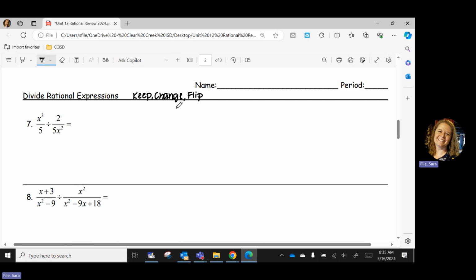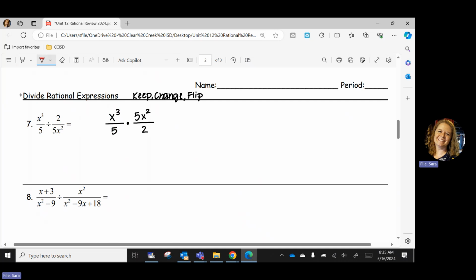Okay, so when I write, I want to factor everything, factor both numerators and both denominators. So nothing to factor in the first one. So it stays x cubed over 5. But I change it from divide to multiply. And then I flip this one. And when I flip it, I'm going to factor 2, but there's nothing to factor in either of those. But now I look to see, can anything reduce?